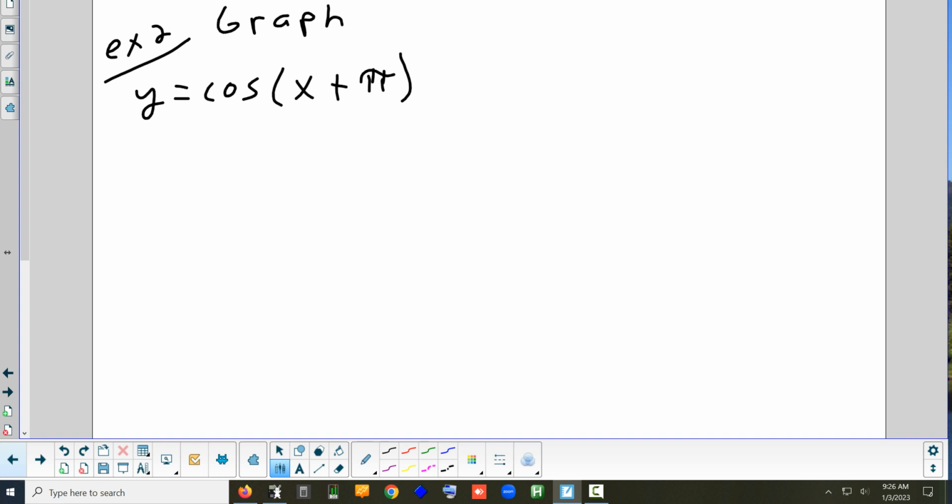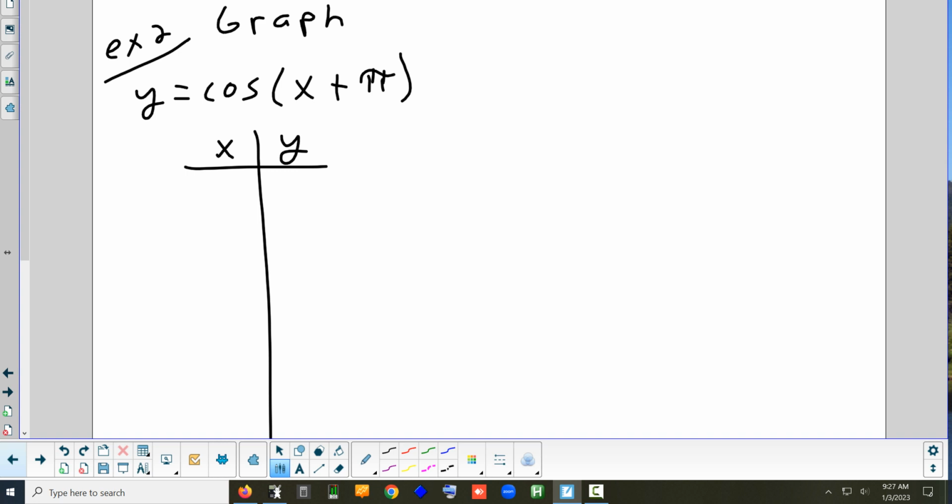And because it's a plus, which way is the graph going to move? Yep, it's going to move to the left. And when we move things to the left, what happens to the x value? Think of a coordinate moving to the left.